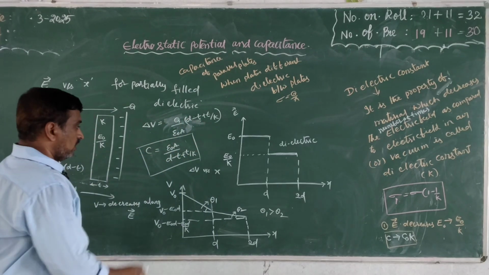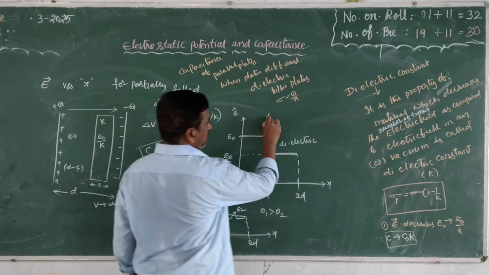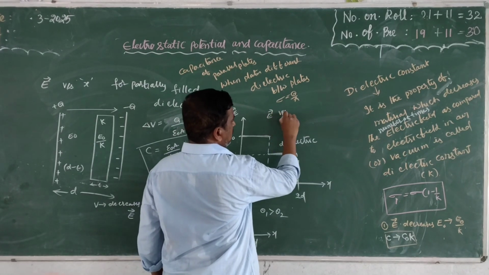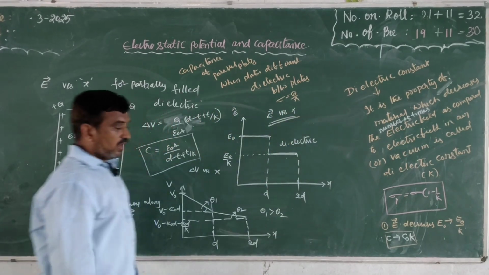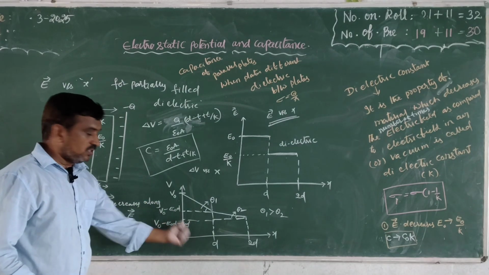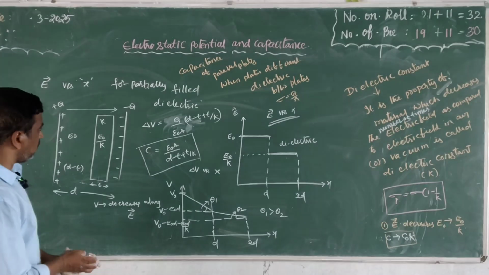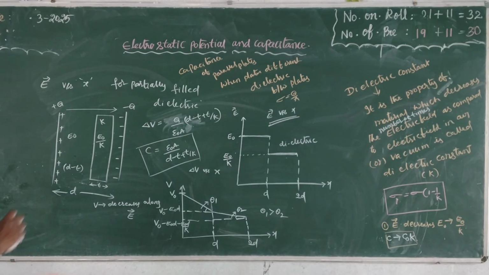This is the change in potential versus x, and this is the electric field versus x graph. So it is change in potential versus x distance. These are the graphs for a partially filled dielectric.